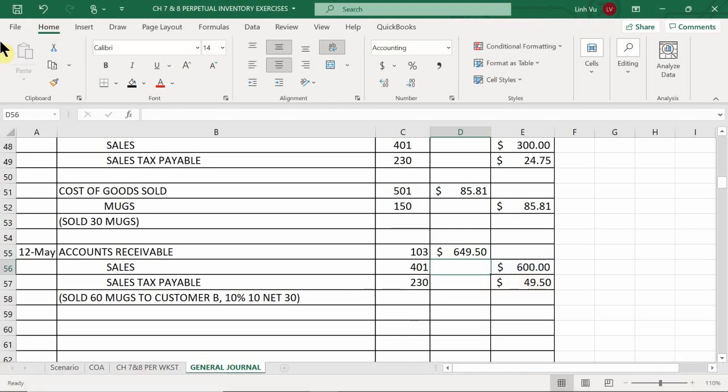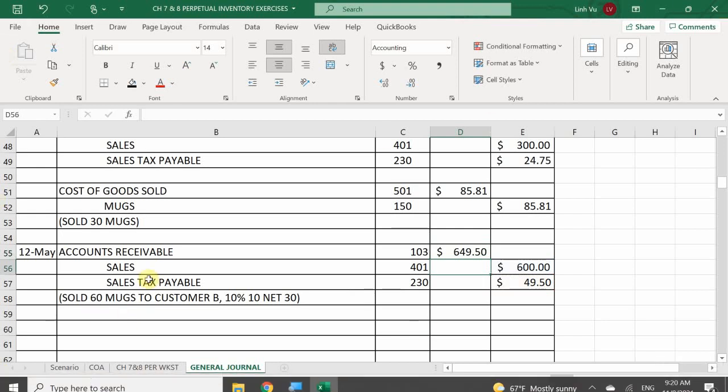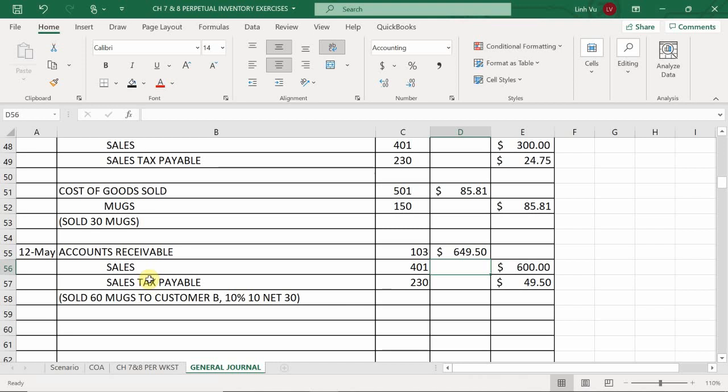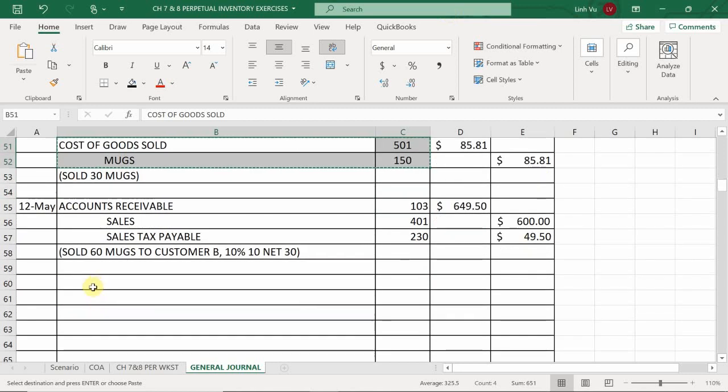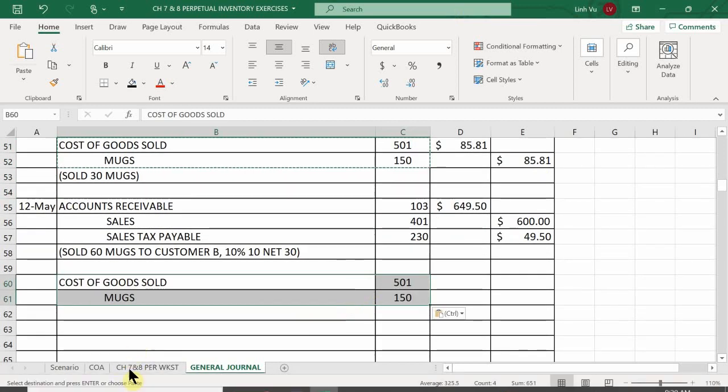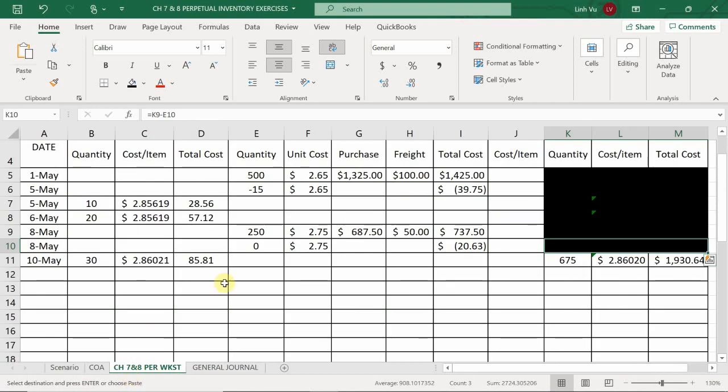Now in this case, I sold to customer B. So what else do I need to include? Cost of goods sold and mugs. Good. So let's dive into our inventory worksheet.